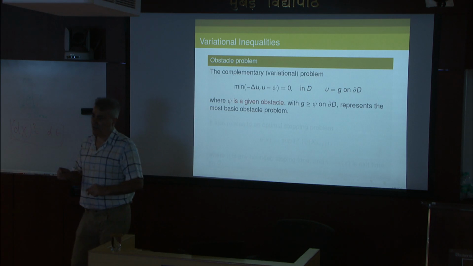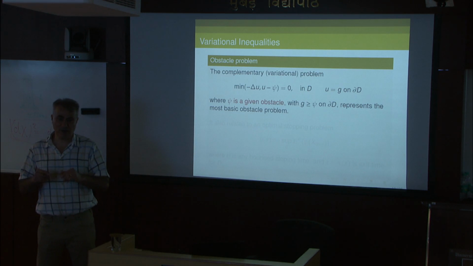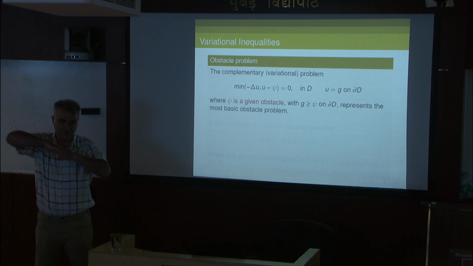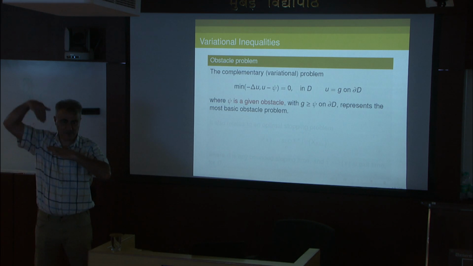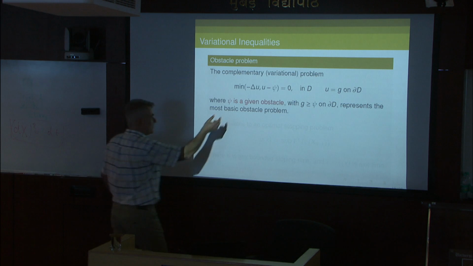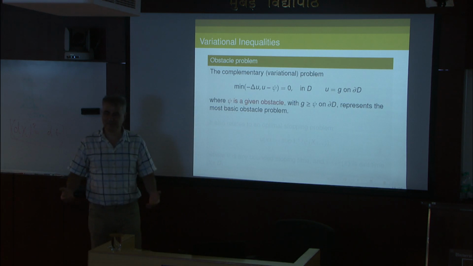So either you are larger than or equal to, which means you're attaching to your obstacle psi, or you're strictly larger. When u is strictly larger, then this has to be 0, so it has to be harmonic.